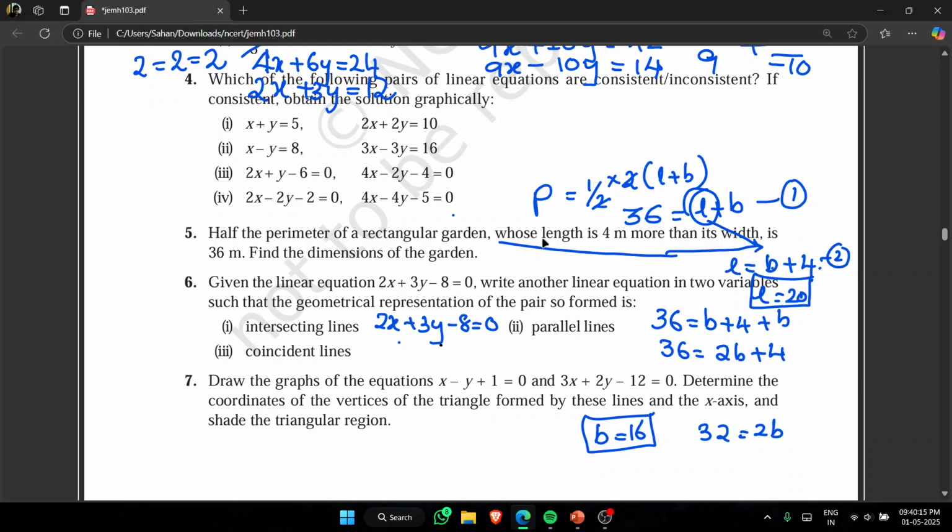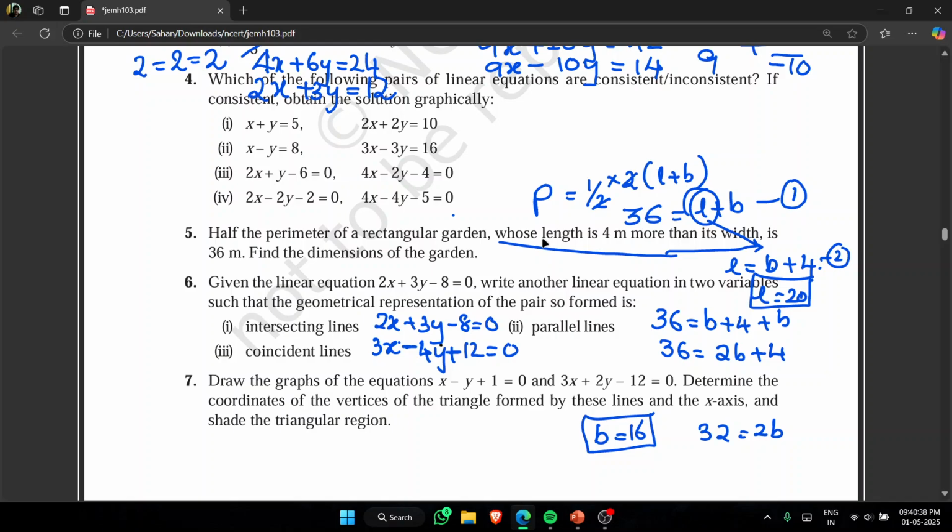So I will take 3x, any number, but see that it is not equal, and make this 4y minus or plus 12 equals 0. 2 by 3 is not equal to 3 by minus 4. So they will have intersecting lines.